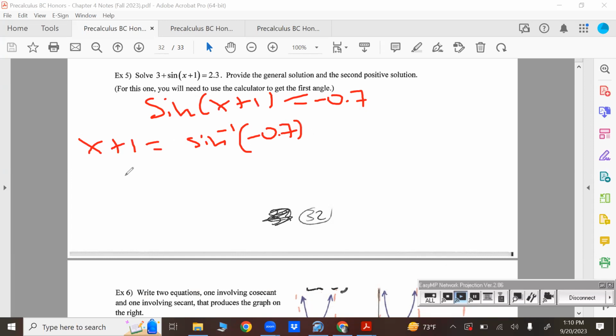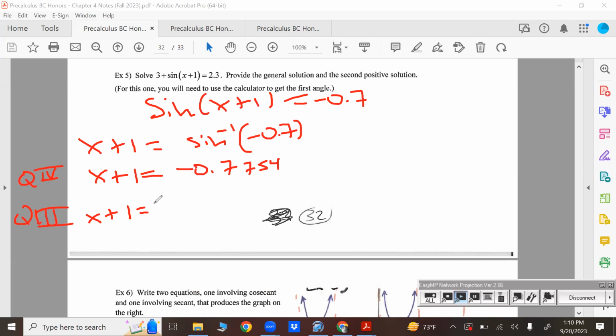Now, the first time you do it, it'll give you negative 0.7754, I think. So that's in Q4. But where else is that going to happen as well? In Q3 as well, right?